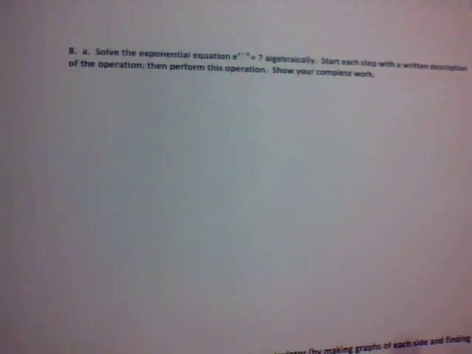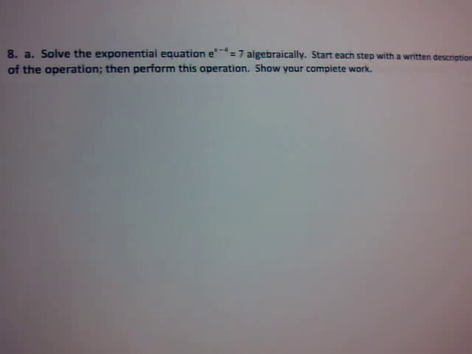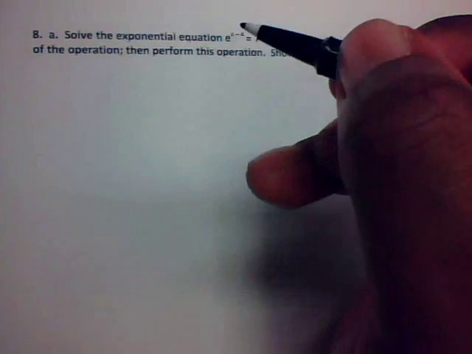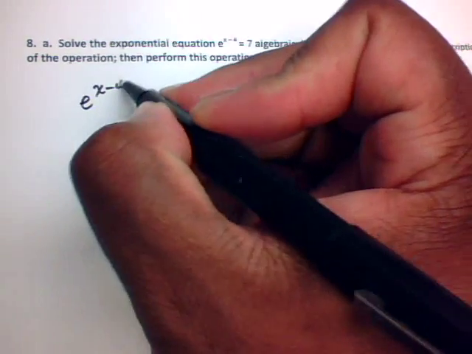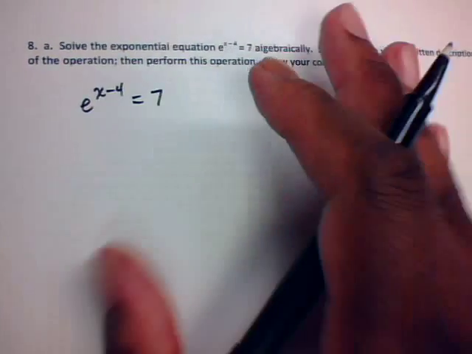Question 8 is an exponential equation where you're going to have to solve it algebraically, and then you have to write down each particular step that you have done completely, and show your complete work. Here we've got the exponential equation e to the x minus 4 is equal to 7.